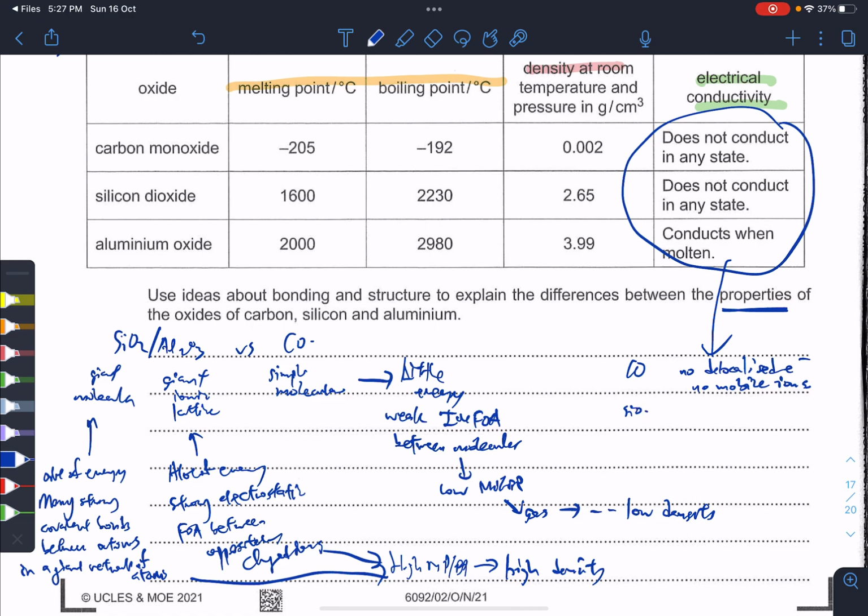Your SiO2, same. Whereas for Al2O3, in molten state, there's basically no more lattice, so there are mobile ions. So it can conduct, while the others cannot conduct. So these 5 marks seem easy, but it's almost like a mini essay question. You need to be careful and tell me each point.